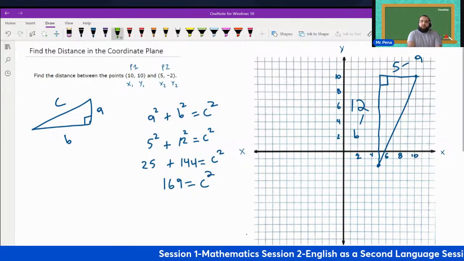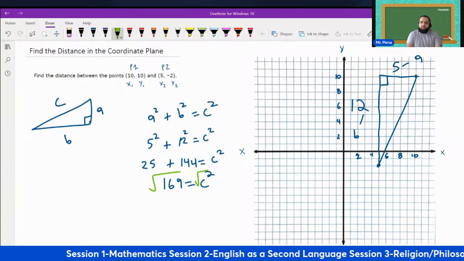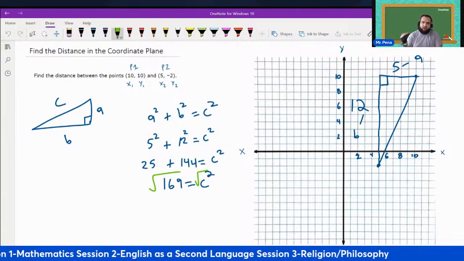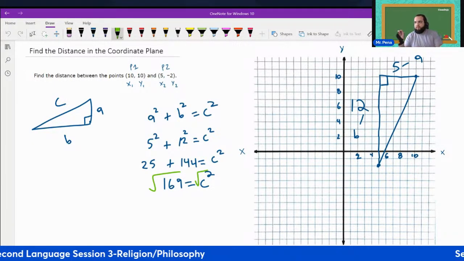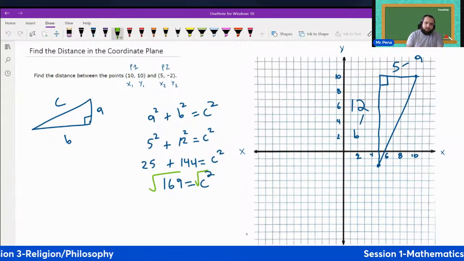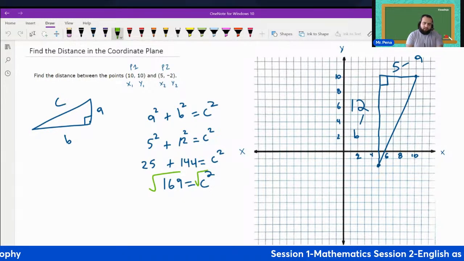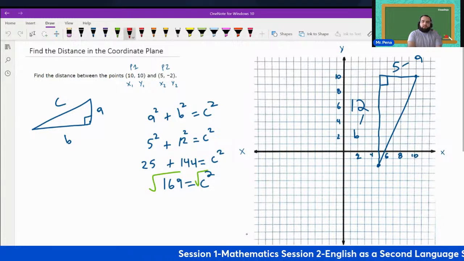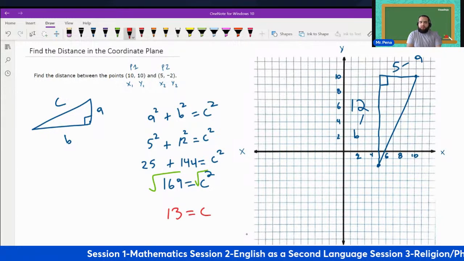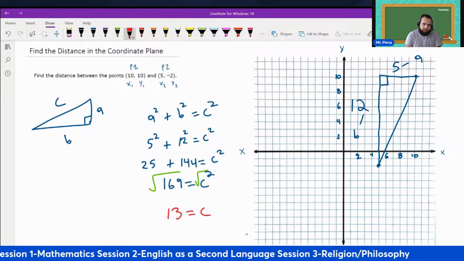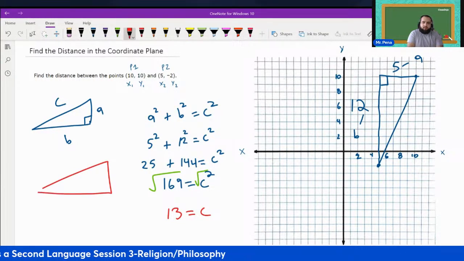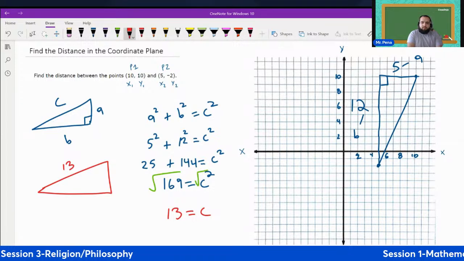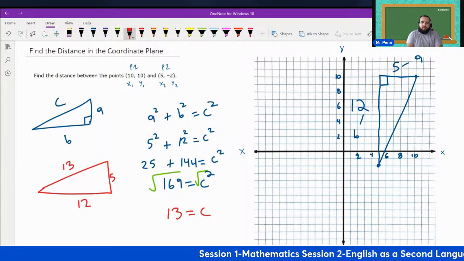And so we're left with finding the square root. The opposite of squaring a number is square rooting it. Is that even a verb? The opposite of the square of a number is the square root. So we have the square root of 169, which is 13. So 13 equals C. So this triangle, let's draw it in red, is 13, 5, and 12.